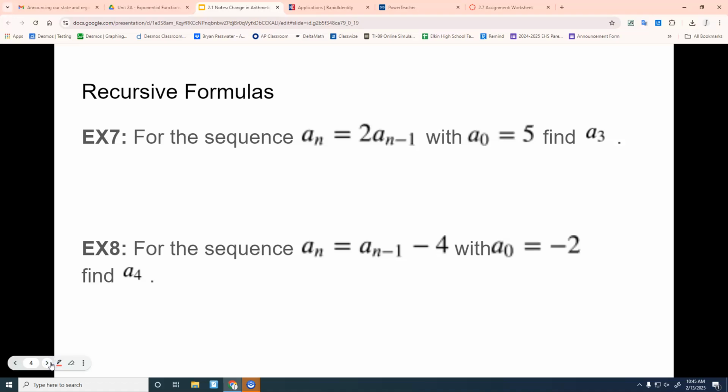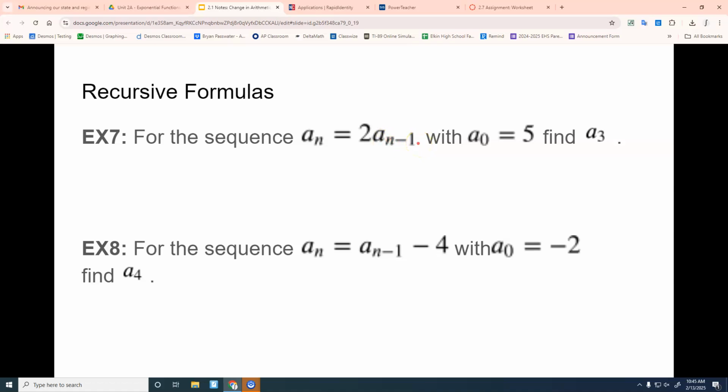All right. Okay, now recursive formulas are going to be a little bit different. Recursive formulas are not going to have an n as an explicit variable in the function. The difference that we see here in this function is we've got a sub n equals 2a, and then my n over here is in the subscript.